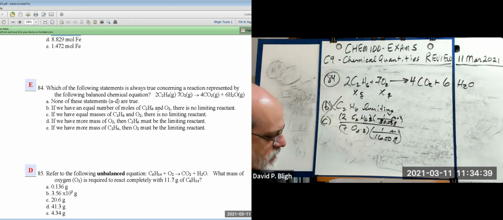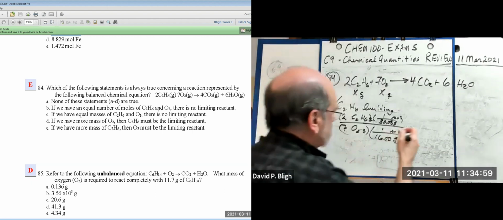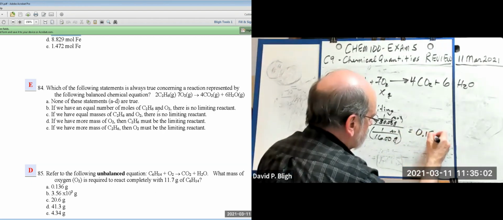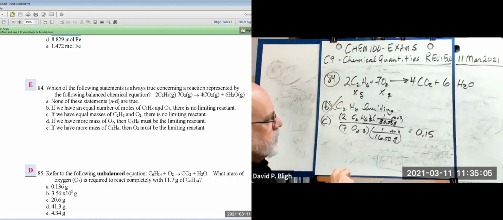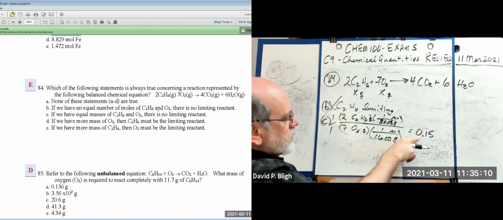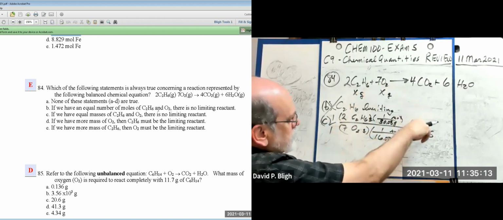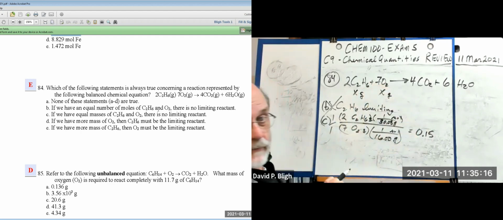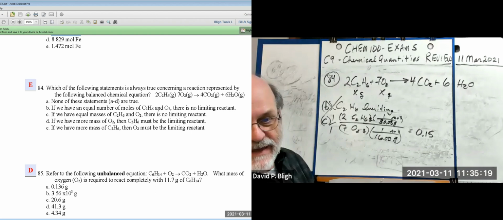So 2 over 30.08, the numerator is 0.665 and the denominator is 0.4347. So divide those two and we get the ratio is 0.15. So if the mass ratio is 1 to 1, the mole ratio is 0.15 to 1. So what does that mean?